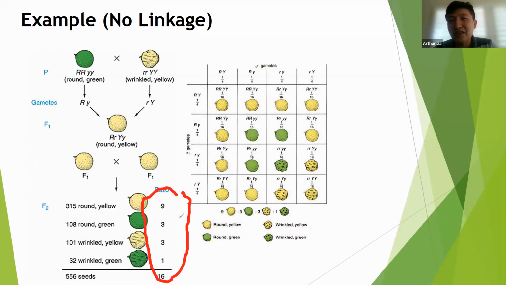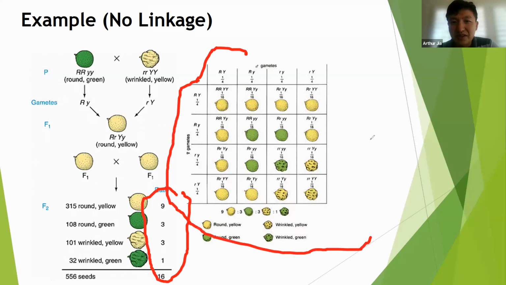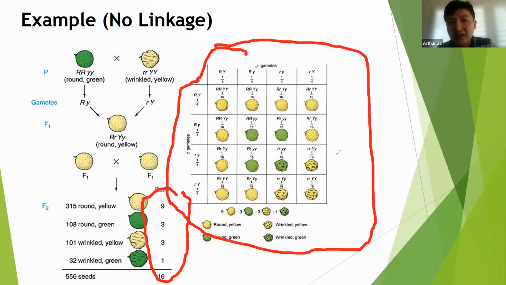So this is what we do here. Basically, using this F2 design, we're able to use this Punnett square, the 4x4 Punnett square, to describe the possible outcomes from the possible genotypes of the progeny from this cross, right?